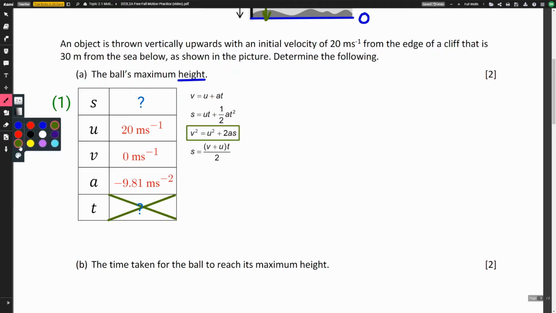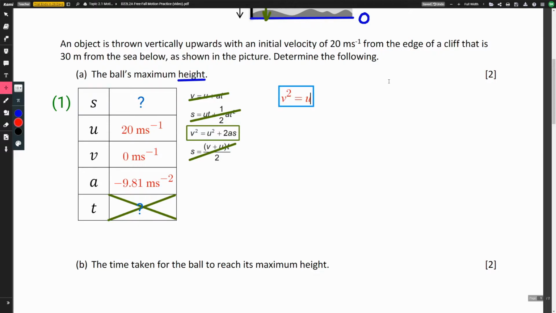You can see that the other equations all have time in them, so we're not going to use those, because we don't have time in our question. So this must be the equation we need to use. We'll write it out: v squared equals u squared plus 2as.